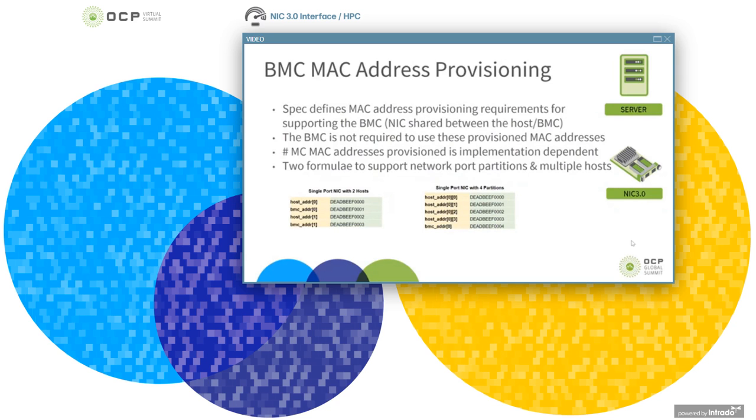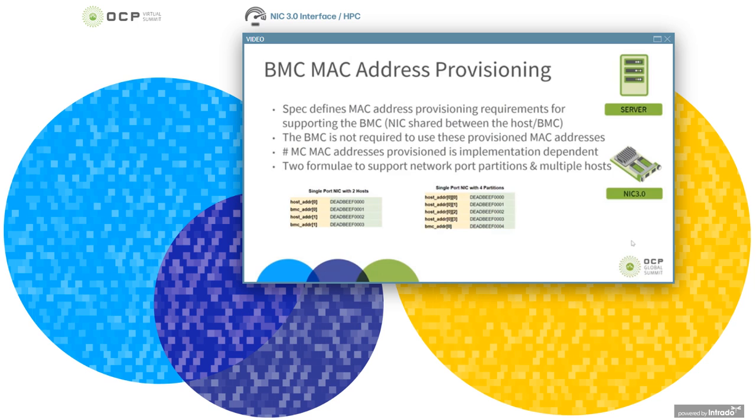Now we'll get into more specific feature-level detail. One of the first ones is that OCP NIC 3.0 defines a standard way to do BMC MAC address provisioning. This is important for an implementation where the BMC is sharing the NIC with the host. In this case, the BMC needs to use the MAC addresses that are provisioned by the NIC.